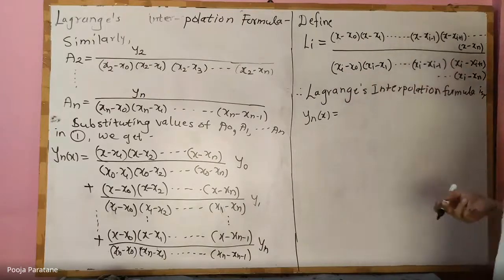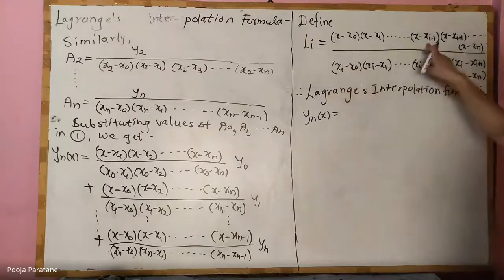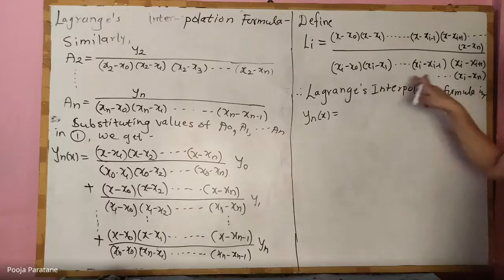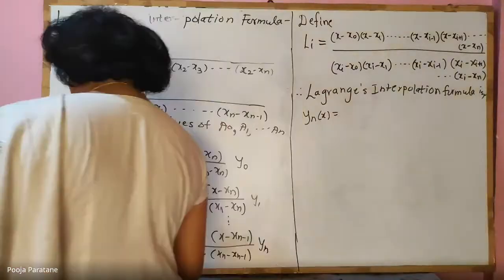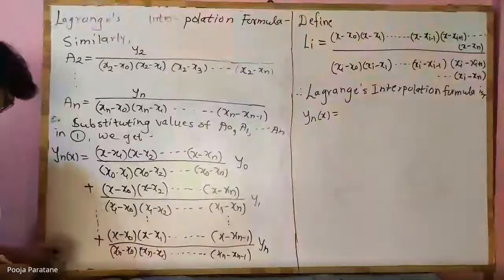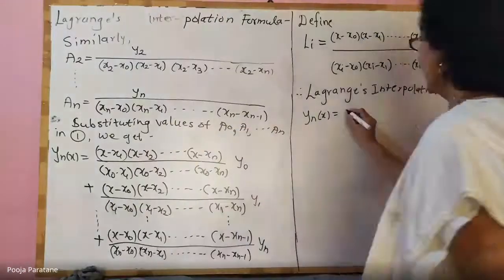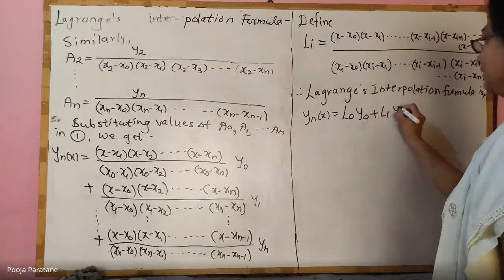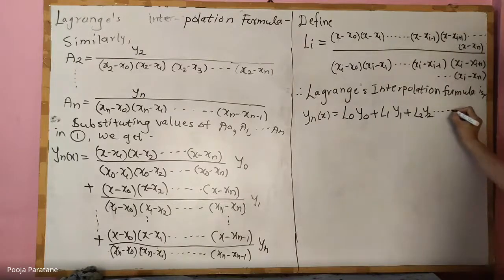When I write L0, this x minus x0 will not be there, obviously. So you have to change this according to that. So here it is L0 Y0 plus L1 Y1 plus L2 Y2 up to Ln Yn.